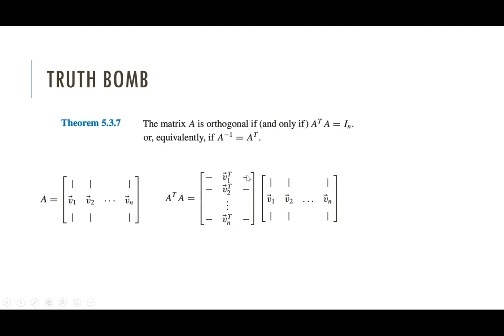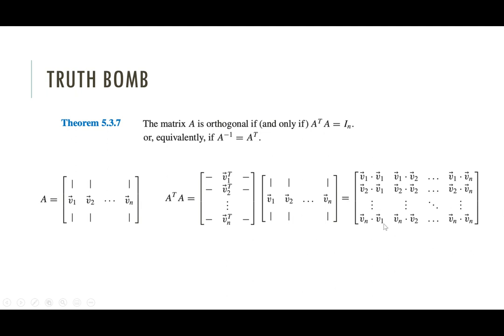The second entry in the first row is the first row dotted with the second column, and so forth. You can confirm that this is true.